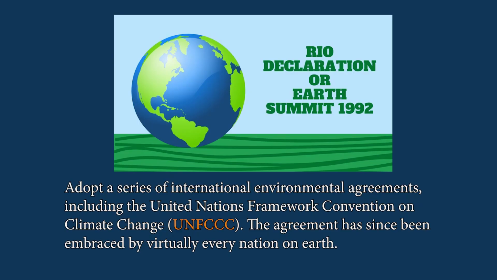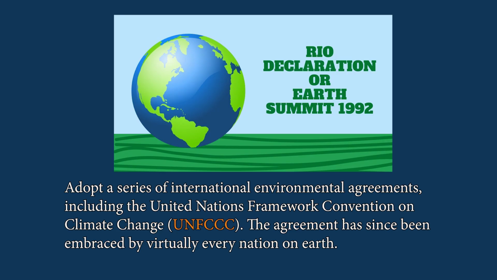Then in 1992 we have the Rio Earth Summit. This is very important, and here the world leaders adopted a series of international environmental agreements, including the United Nations Framework Convention on Climate Change, also known in short form as UNFCCC.